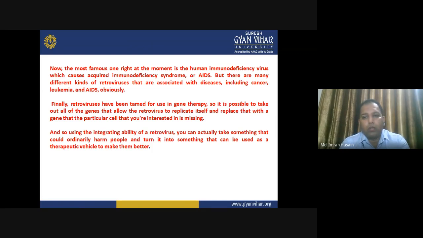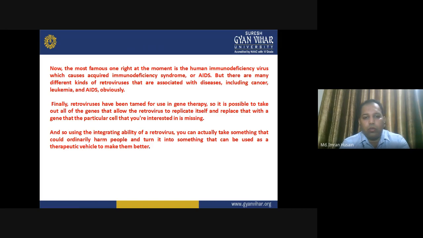So, it is possible to take out all of the genes that allow the retrovirus to replicate itself and replace that with a gene that the particular cell you are interested in is missing.